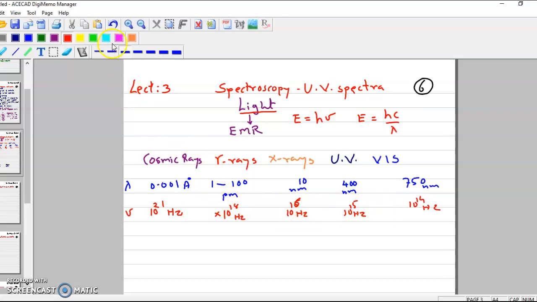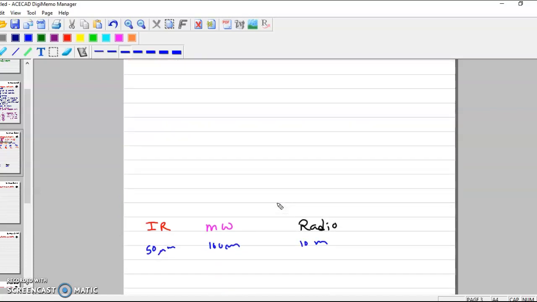If you go from cosmic rays to visible, energy decreases, so frequency decreases but wavelength increases. This is the trend throughout. Even if you go from IR to microwave to radio wave, the same pattern is observed: going from left to right, energy decreases, frequency decreases, but wavelength increases.